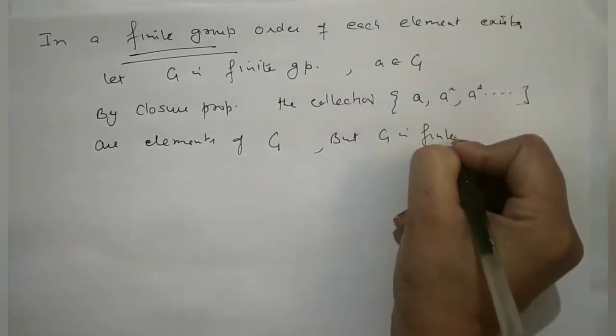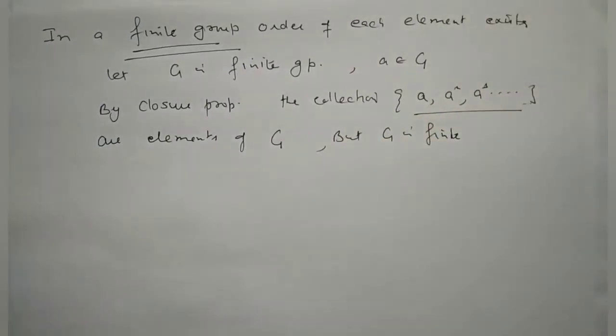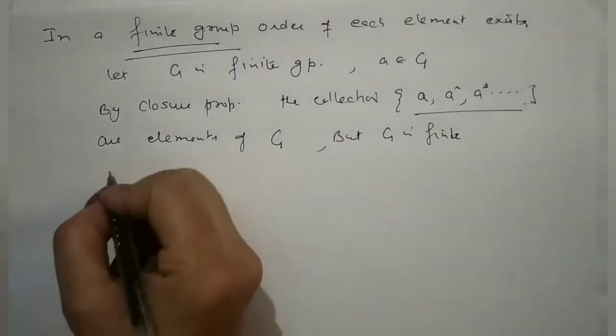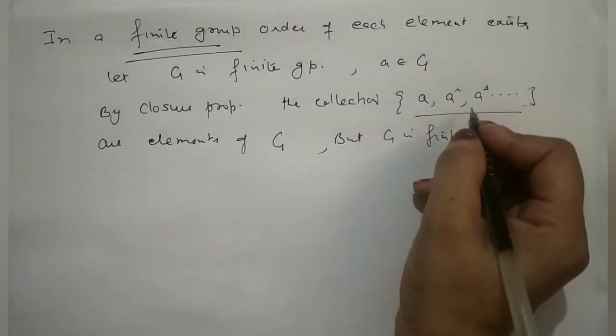G is finite. Then what will be the property of this collection? That all the elements cannot be different.